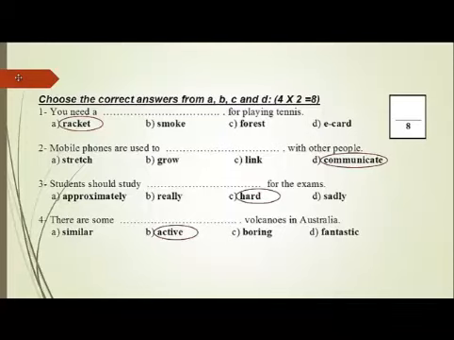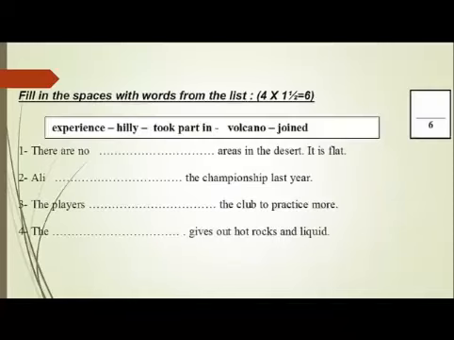Moving on to the second section, which is also related to vocabulary items, but here you have to fill in the spaces with words from the list. The words are experience, hilly, took part in, volcano, joined.